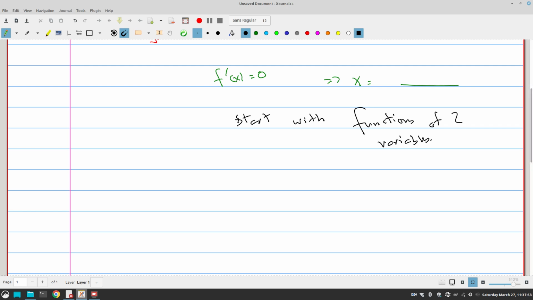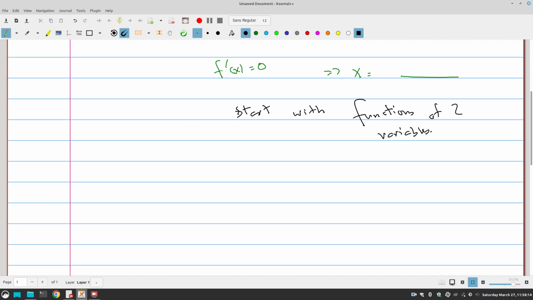But what we do will be applicable to functions of as many variables as you want. Okay, so let's start with a few definitions first. We need to define the terms local minimum and absolute minimum. We need to distinguish between the two.